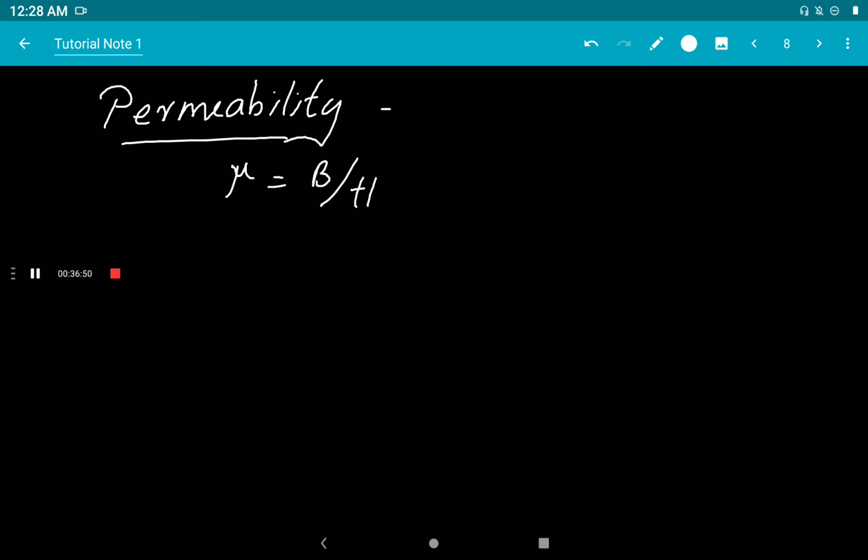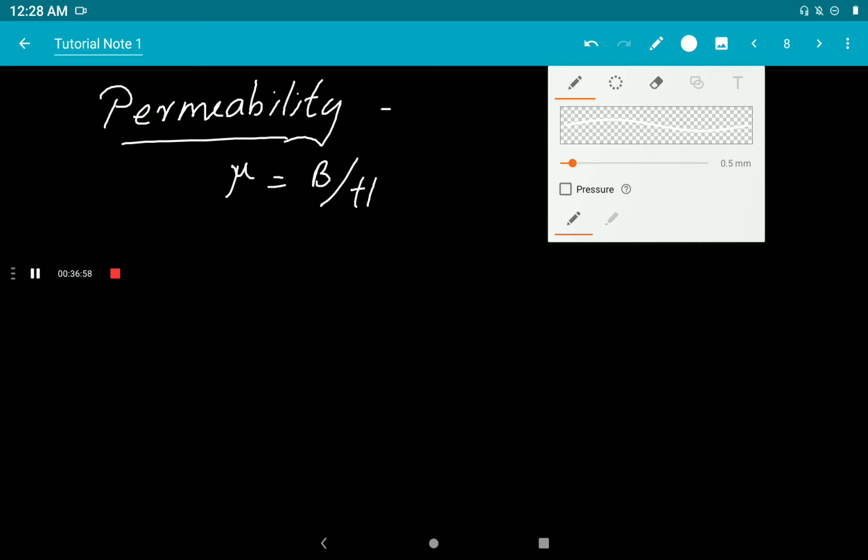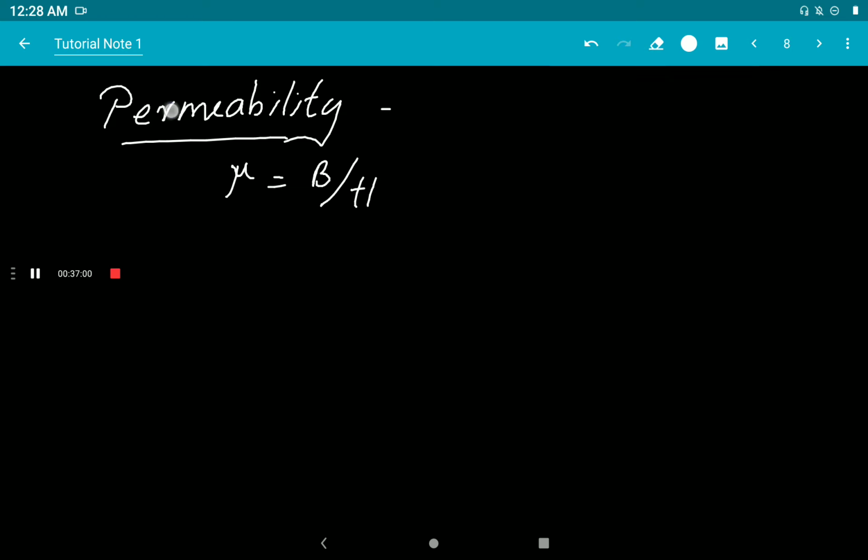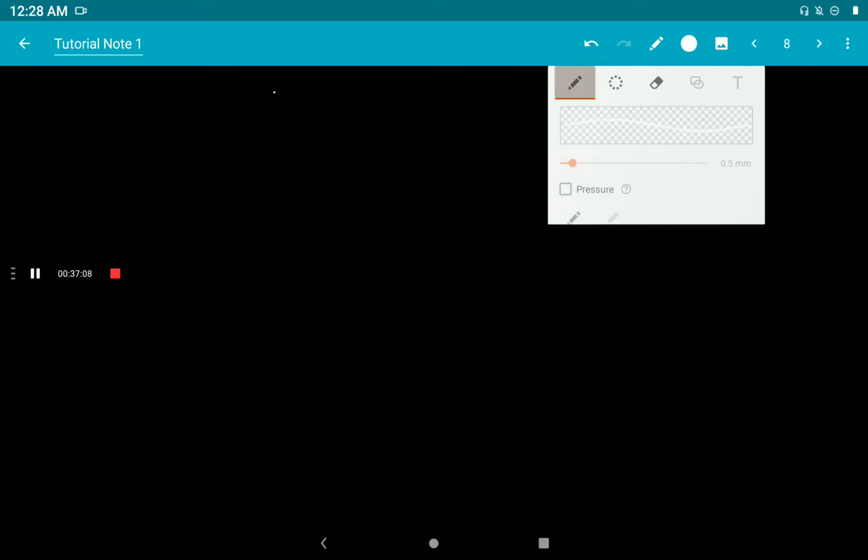Now we are going to compare magnetic circuit and electrical circuit.